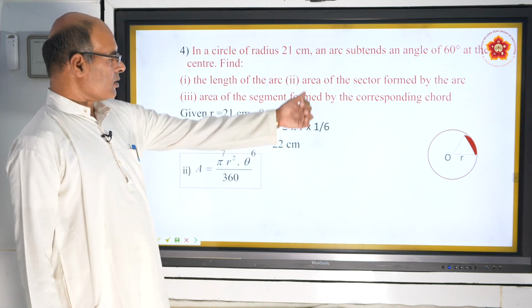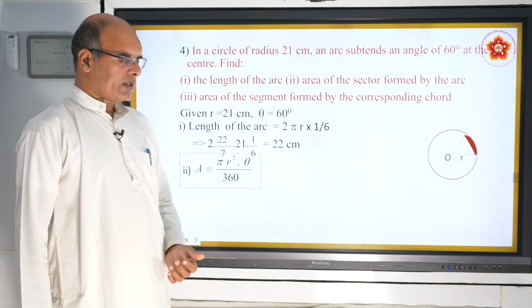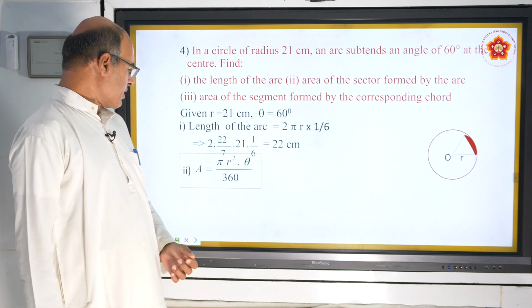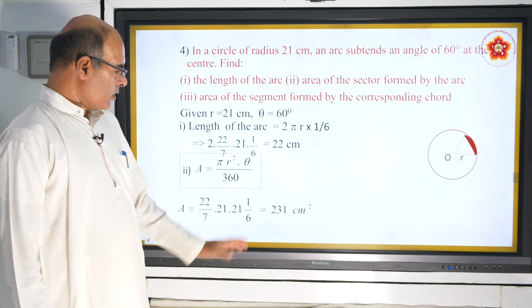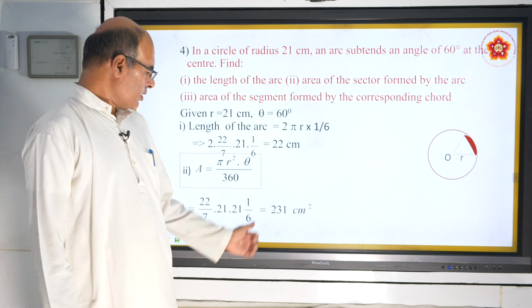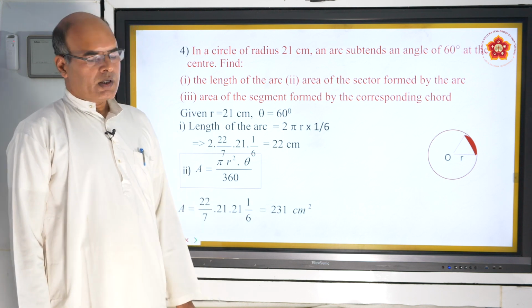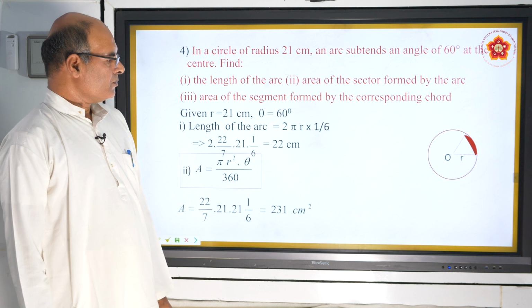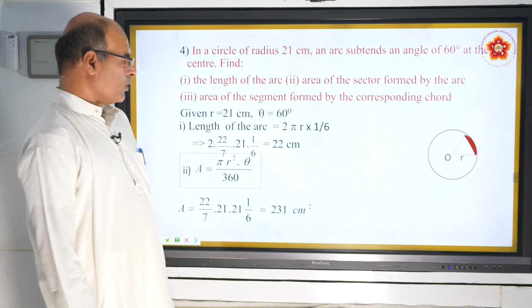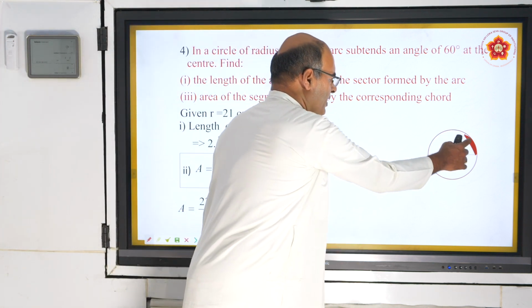Now for the second question, apply the same formula, pi r square theta divided by 360, where r is 21 and theta is 60 degrees. Carefully calculate, it gives 231 centimeter square. Now what we require is the area of this segment.